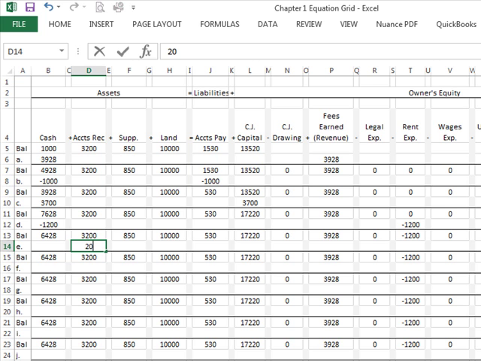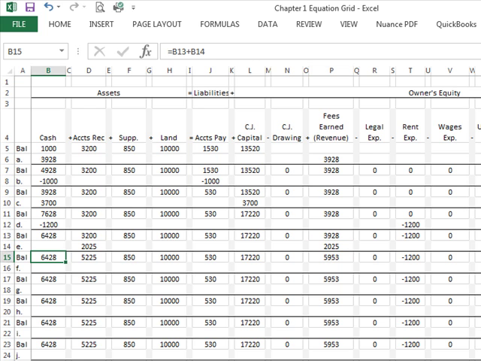So we're going to increase the accounts receivable account by $2,025. And we're going to go down here and we're going to increase revenue by $2,025, because that's how we earned that particular amount of money. Accounts receivable $2,025, revenue $2,025.